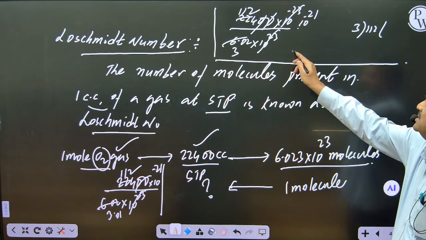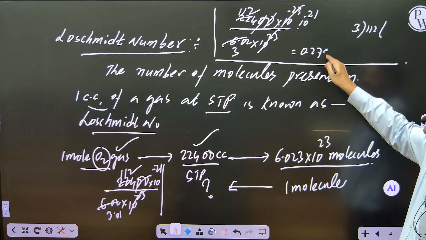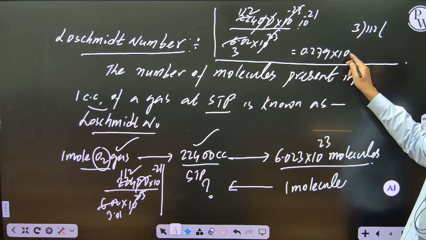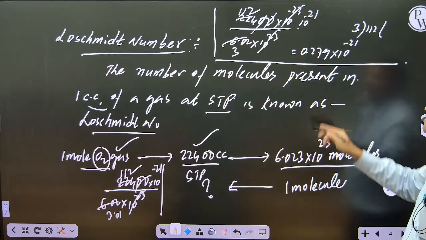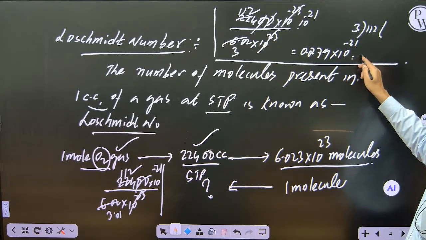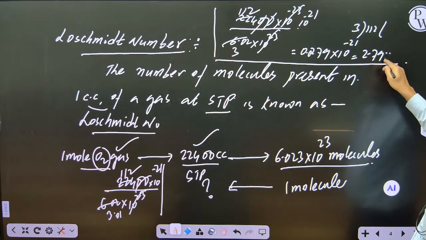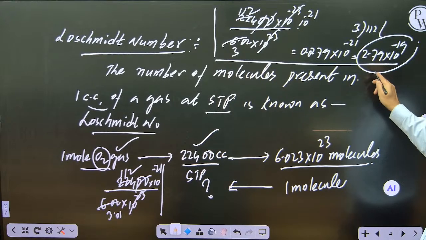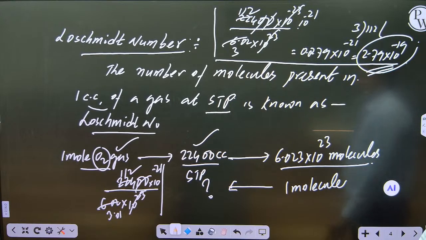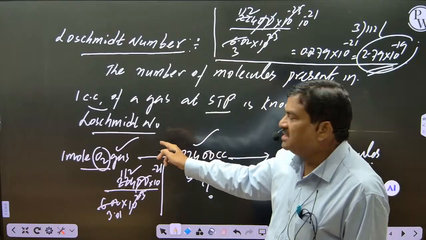That should come nearly 0.279 into 10 power minus 21, or when you move the decimal, nearly 2.79 into 10 power minus 19. Check, nearly 2.79 into 10 power minus 19. That number we are calling Loschmidt number.